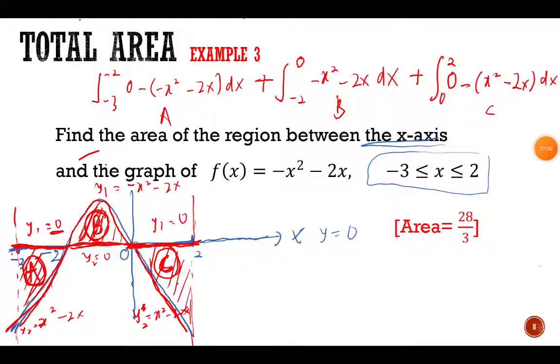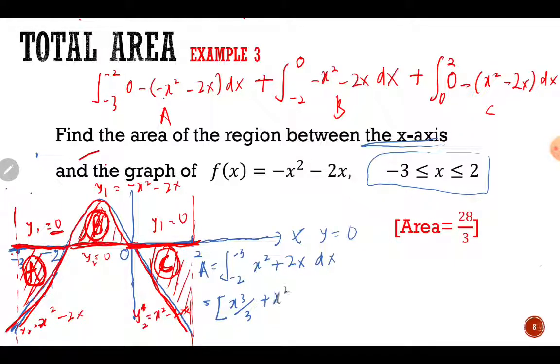Okay, saya tunjuk untuk A, integrate from negatif 2 ke negatif 3, x square tambah 2x dx. This is for A. Okay, so you integrate, kita akan dapat x kuasa 3 per 3 tambah x square. 2x square over 2 kan sama dengan 2 tu boleh cancel. So, gantikan dengan negatif 3, negatif 2. Careful bila kita nak gantikan ni.